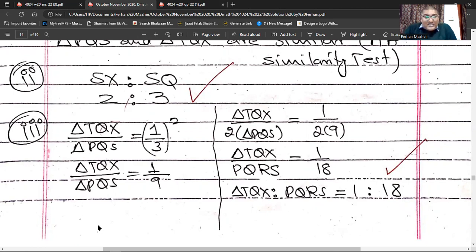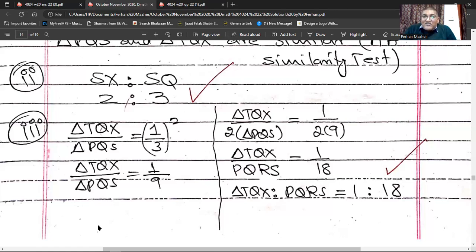Now the triangle PQS, if you double that triangle, you will get that parallelogram. So multiply the triangle PQS by 2. So the triangle TQX divided by 2 times the triangle PQS. Same you will do on the right side. So 1 divided by 2 times 9.